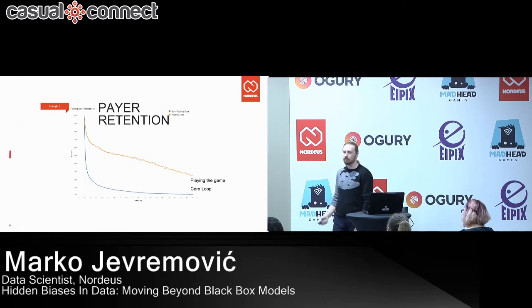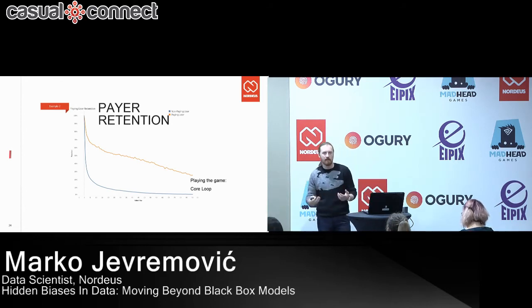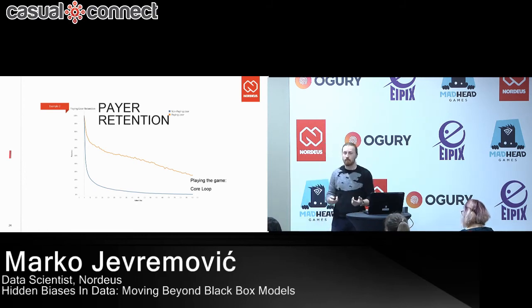But I actually wanted to know how much they are affected by paying, and how much the act of paying is affected by their first experience with the game. And this is again the problem of causality and correlation, which is really hard to solve in general.